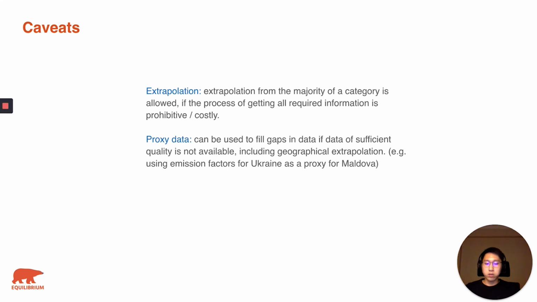Proxy data can also be used in calculation when data of sufficient quality is not available. An example might be using the emission factors for Ukraine as a proxy for Moldova, when the emission factors for the latter are unavailable.